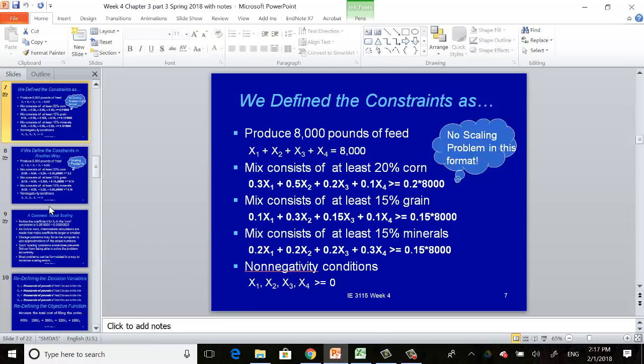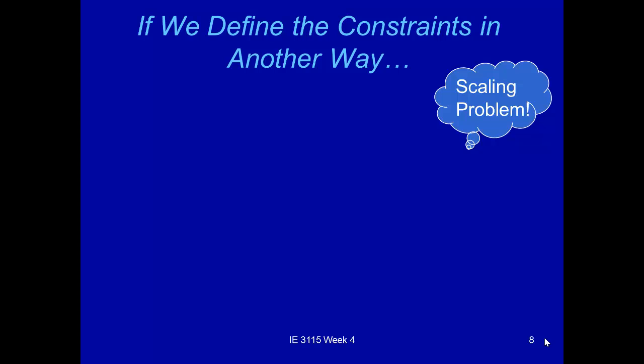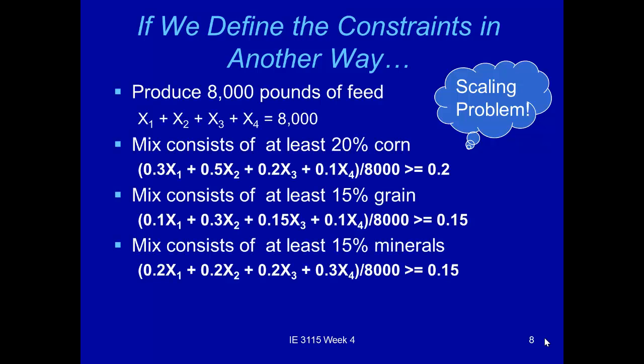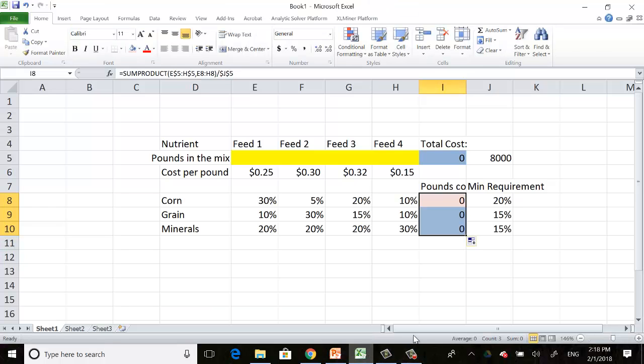So this represents this: we calculate those different ingredients in pounds and divide by the 8,000 to calculate their percentage, and make them greater than or equal to the minimum part.